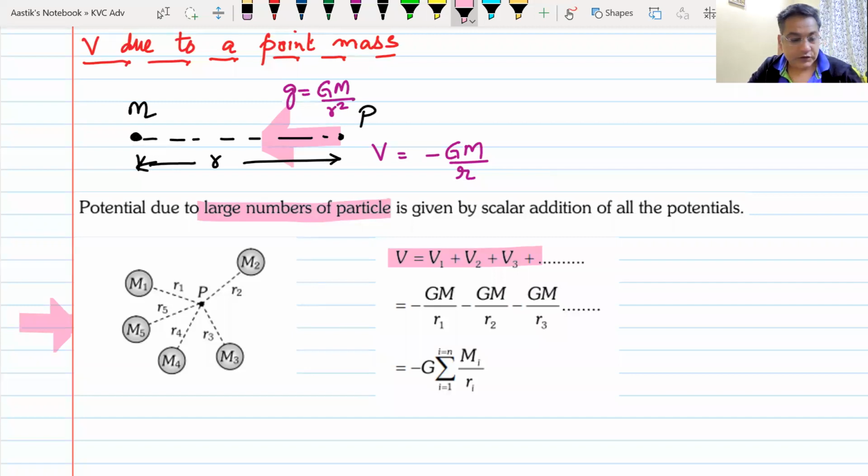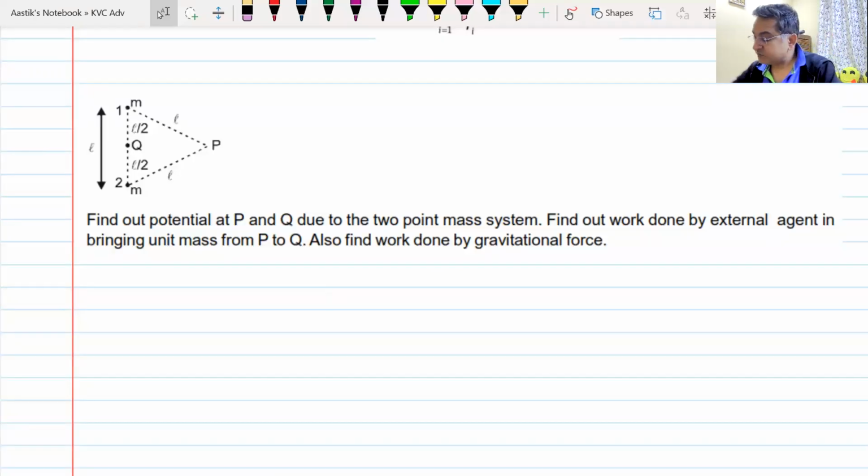Then you can solve this question. Let's see how many of you can do this. So you have a diagram.